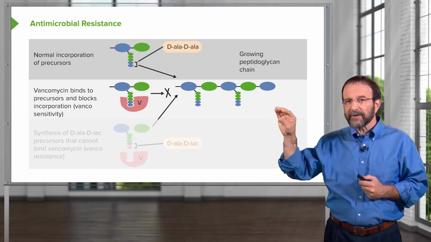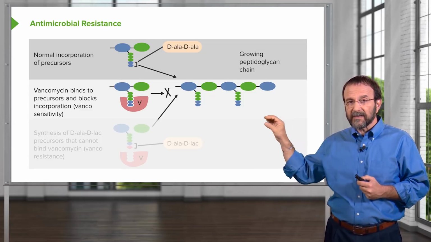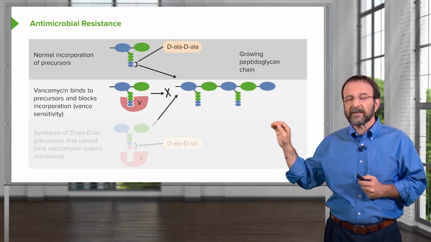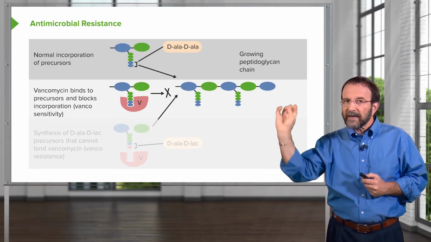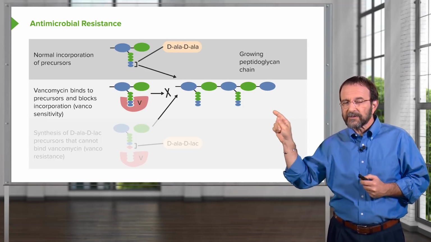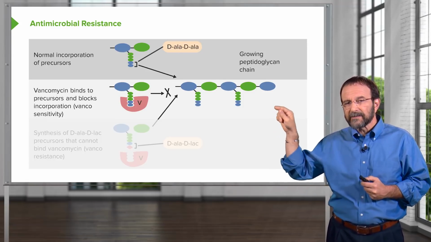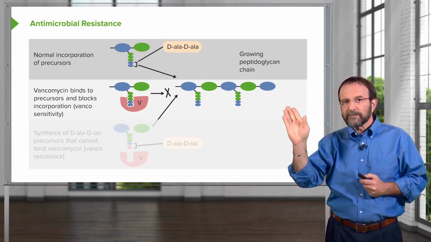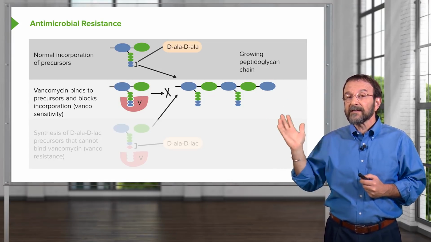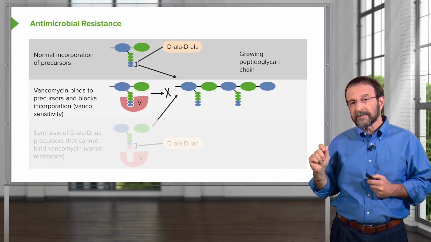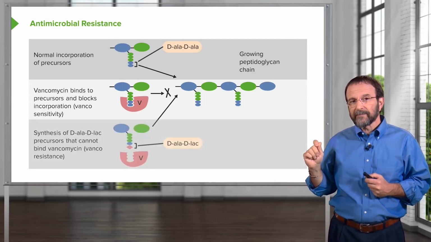In the second row of this diagram, you can see the growing polypeptide chain. Vancomycin binds to the precursors by binding to the amino acid. Vancomycin is shown here in purple with the V, or maybe that's brown, and it's binding the amino acids and blocking the incorporation into the new chain. Therefore, this inhibits murein synthesis and kills the bacteria.